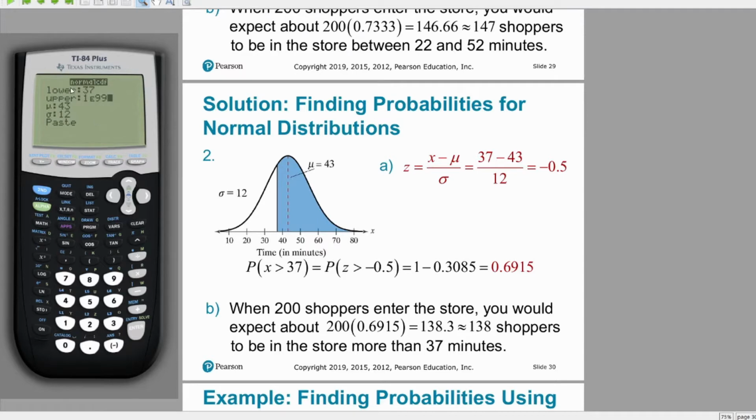Just be aware of how big the values we're looking at in terms of our distribution are, but put something big in there. We have the same mean, same standard deviation, run it, and we get that our probability here is roughly the same, about 69.14, where you can use that to say something else about the overall amount of things in our distribution.